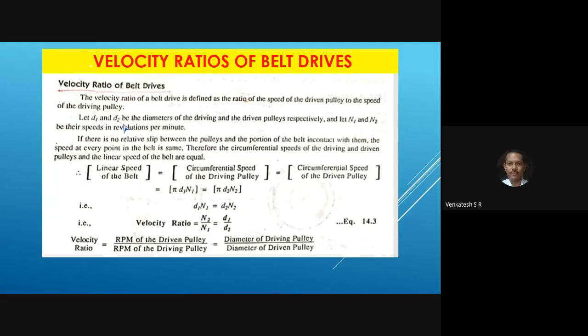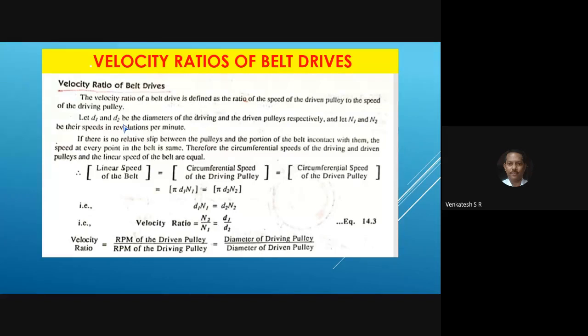Next, the speed of the driving pulley is N1 and the driven pulley is N2, both in revolutions per minute. And the speed of the belt anywhere in the loop is the same, it remains constant. That's very important.